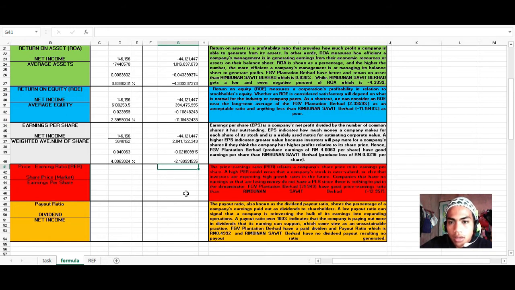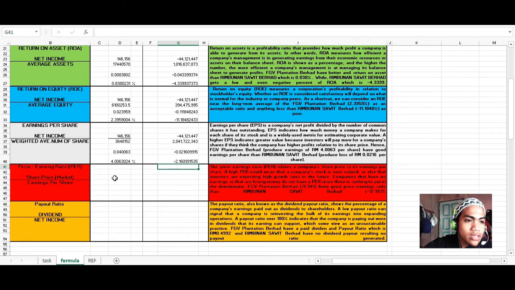So we know that FGV Plantation Berhad produced earnings of RM0.04 per share, which is good earning per share. Then Rimbunan Sawit Berhad produced a loss of 0.02 per share.